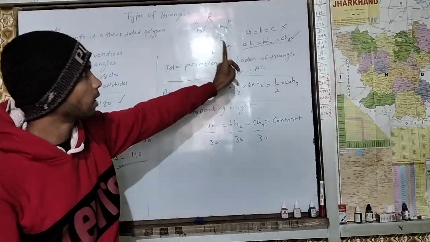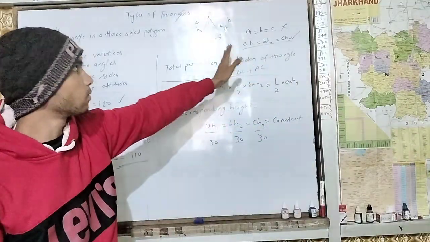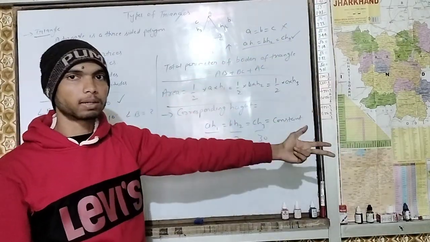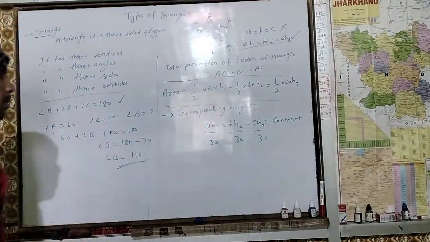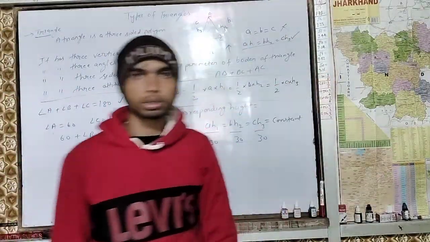So never say A is equal to B, B is equal to C. That is a separate part. We will see that separate part. For now just understand this is going to be constant.